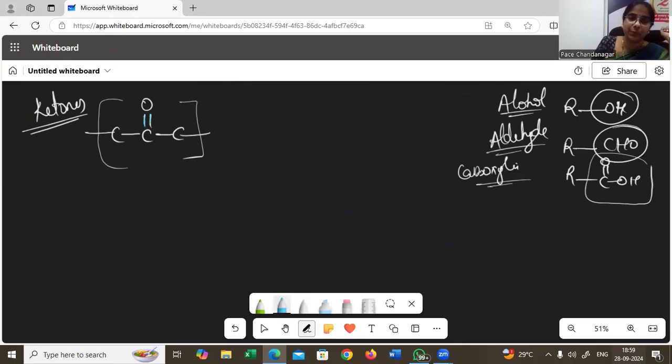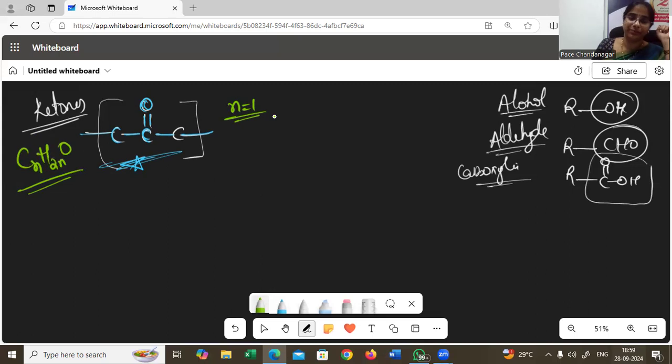As you can see, start with double bond O, and then a carbon here, and on both the right and left sides you put carbons. This is your ketone. All right. Now talking about, let us say n equals 1. What will be the general formula for it? It is CnH2nO.